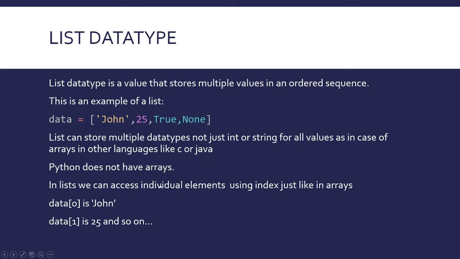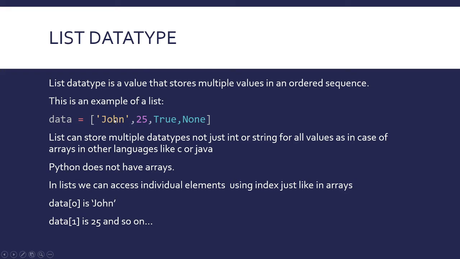Like in arrays, where we access every element by its index, in a list also the 0th index is the string John. If we give data, then square brackets, and inside that we pass the index, we will get the value John.